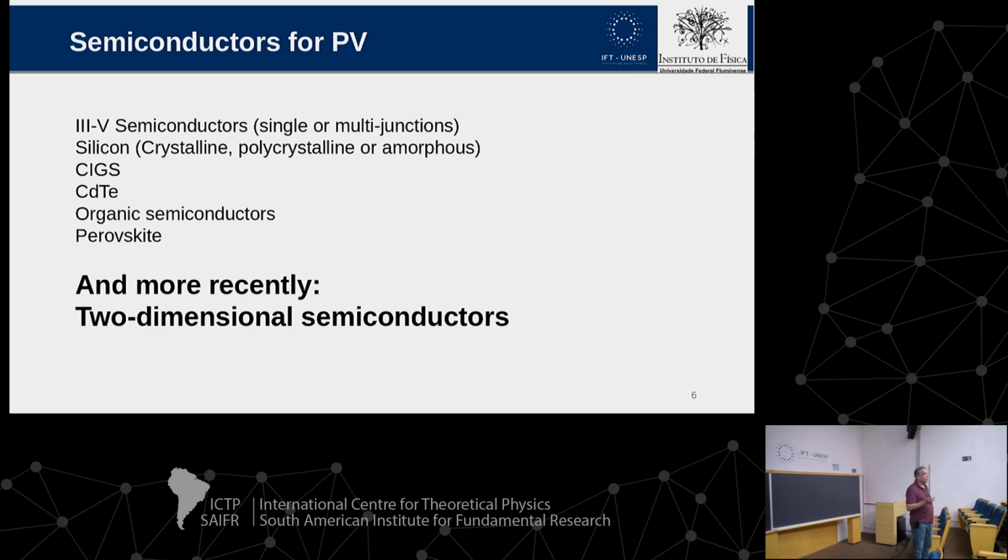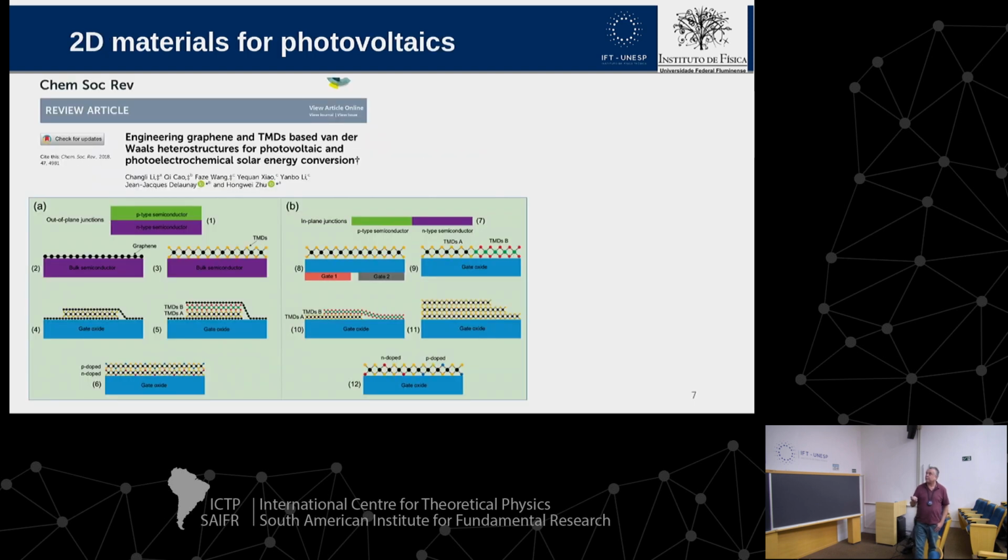But more recently, two-dimensional semiconductors have also been proposed to build photovoltaic systems. This is a review from 2018. There are a lot of systems where you can use different 2D materials in photovoltaics.